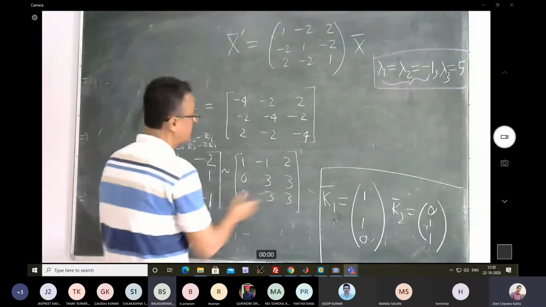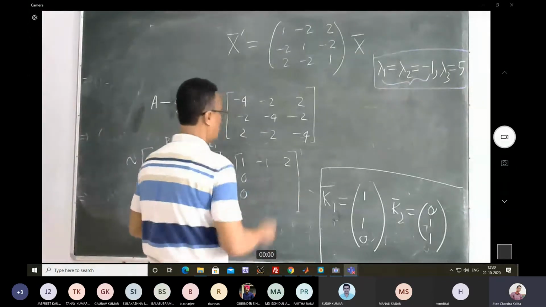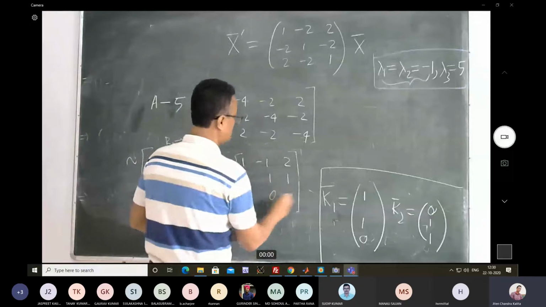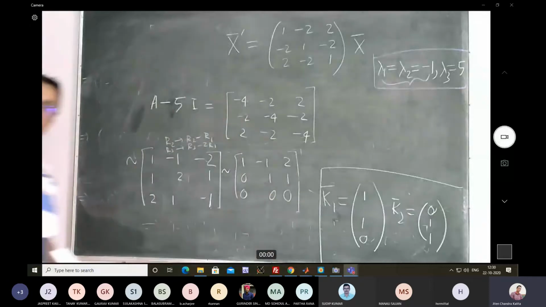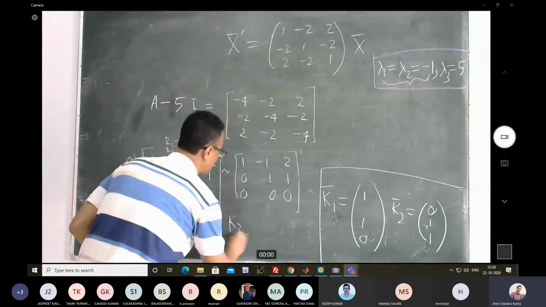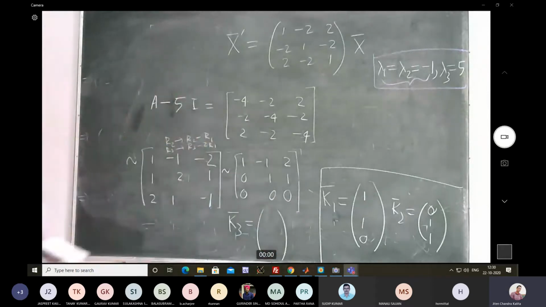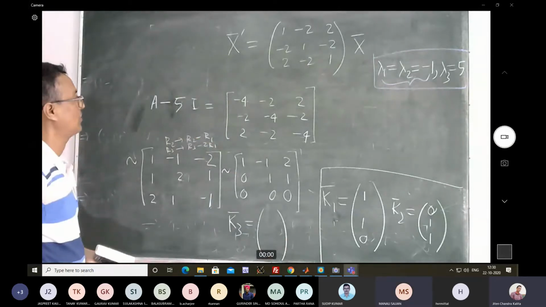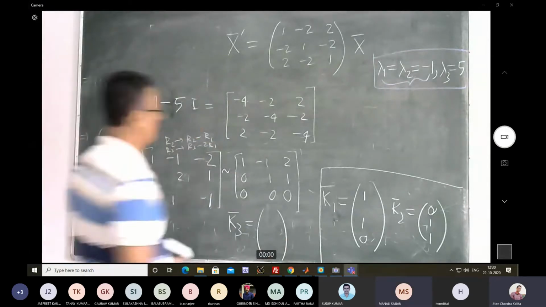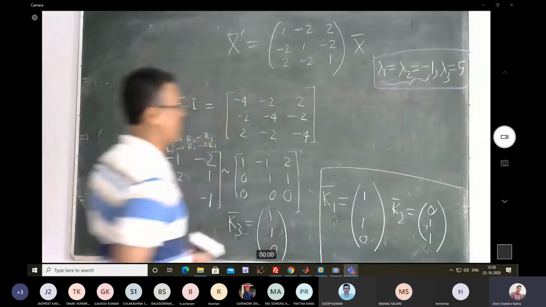Right. So eventually I can make these two as 1 1, and this is 0 0. Can you give me a choice for my third vector, K3? 1 1 0, that is fine.